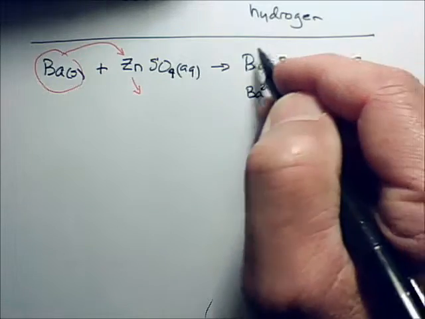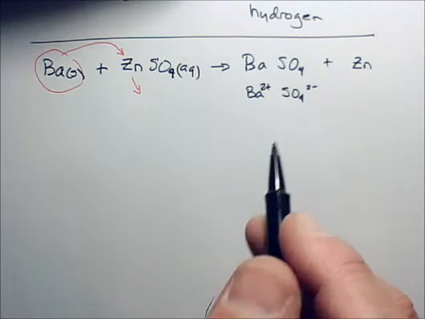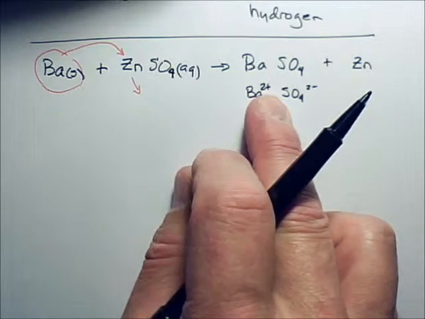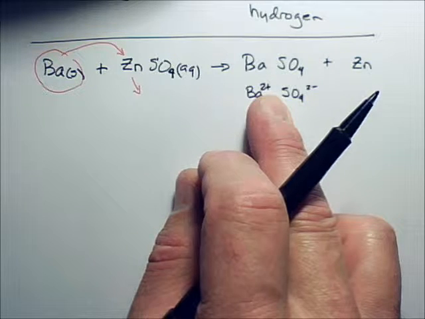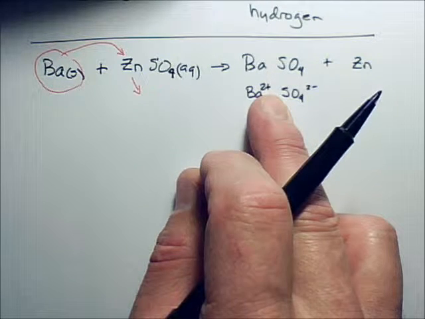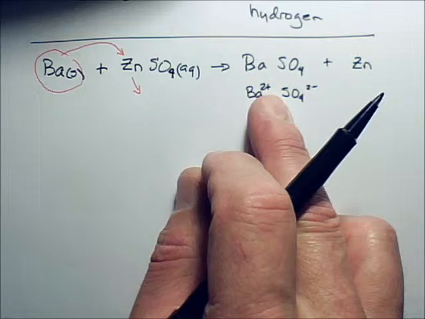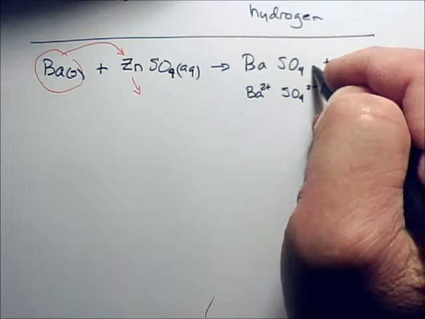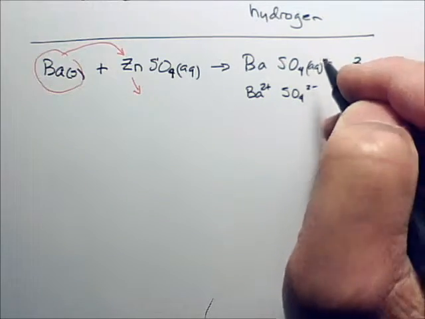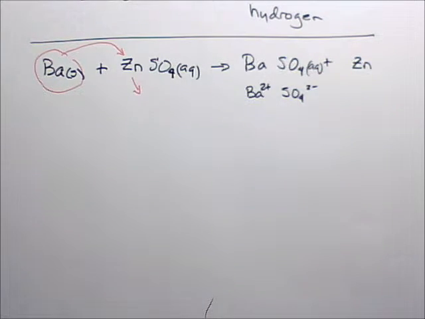I need to know what physical state it's going to be in. Okay, now we'll get to the physical states when I do double replacement reactions because we're going to figure that out from the solubility rules. For now, I'm going to go ahead and tell you it's aqueous. Well, wait a minute. Hold it. Barium sulfate may not be. Let me double check that.